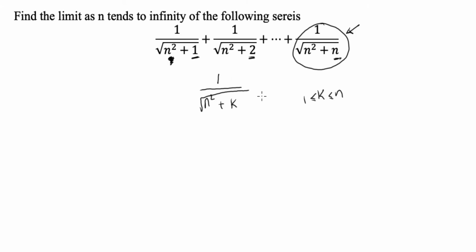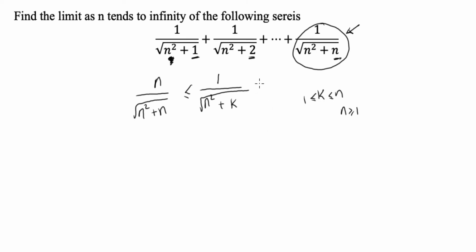So we know 1 over n squared plus k, and we can also mention here that n is greater than or equal to 1, is definitely going to be bigger than or equal to 1 over n squared plus n. And how many terms are there in this sequence? Well, there's 1, 2, and so on, all the way up to n. So there's n lots of this term here, hence why we multiply by n.